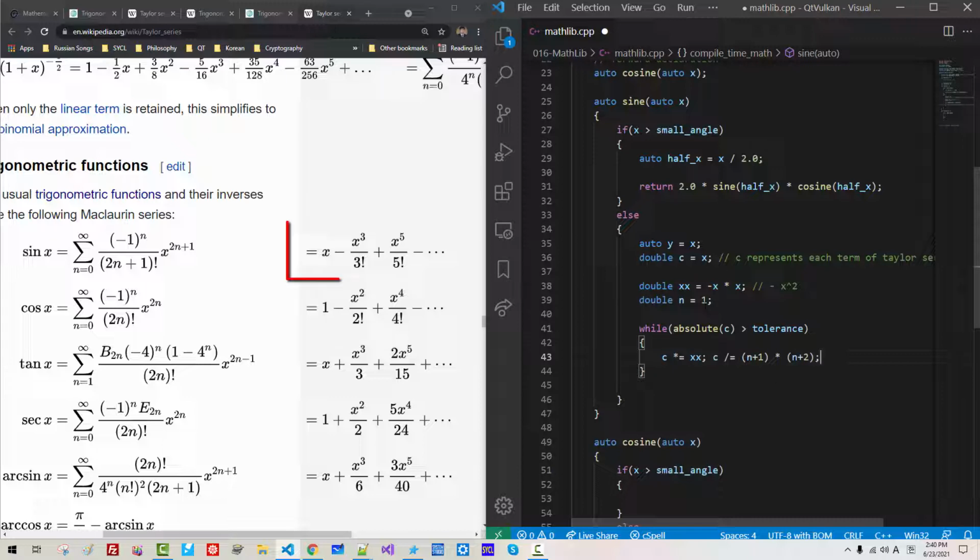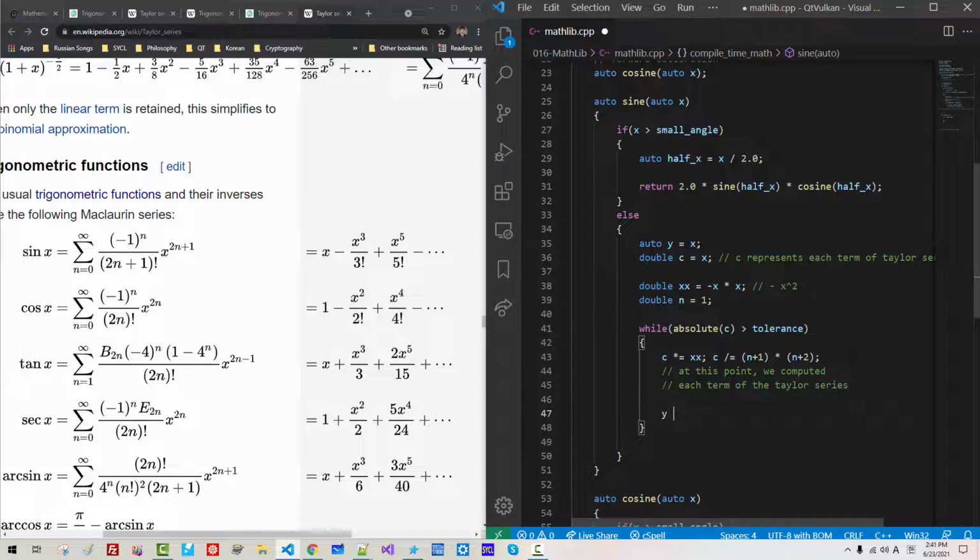So n is initially 1, n plus 1 is 2, n plus 2 is 3. So 1, 2, 3, 3 factorial. We divide. At this point, we computed each term of the Taylor series.